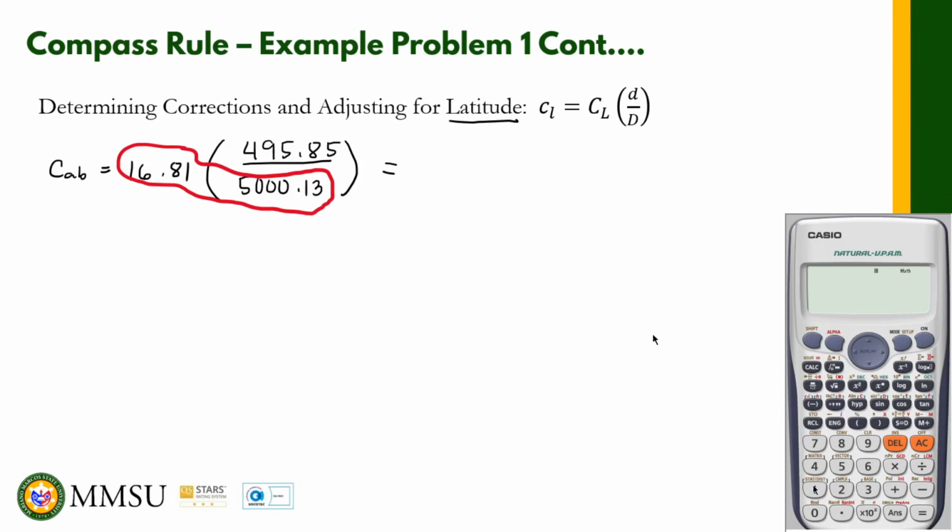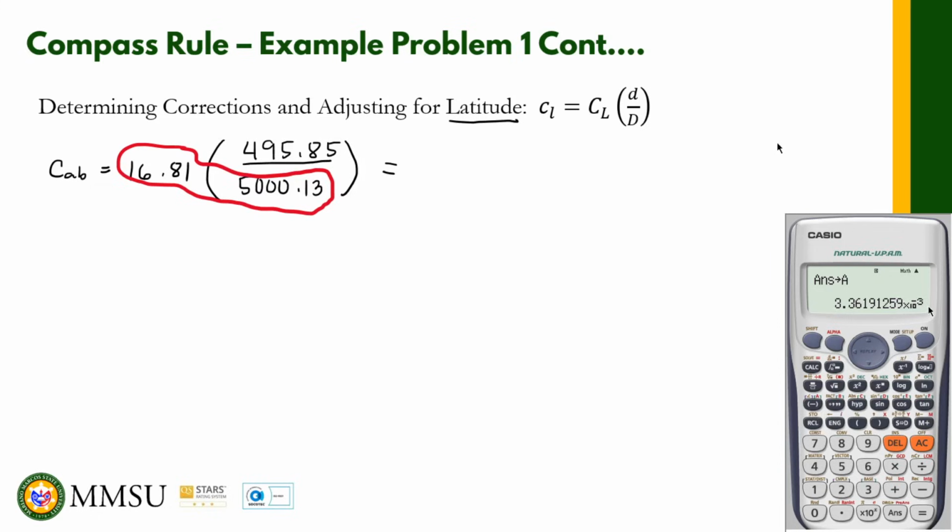Okay, i-store ko yung 16.81 divided by 5,000.13, equals, tapos shift store A. Okay, so pumunta na sa A yung value na to.